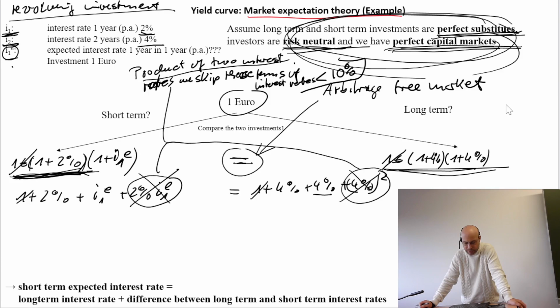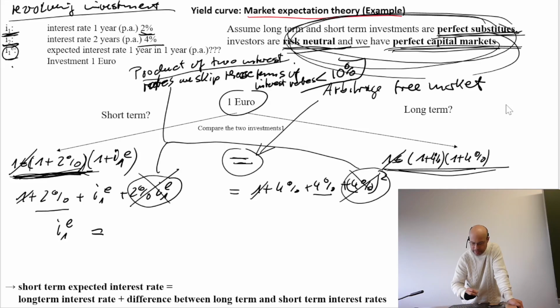We skip these two terms, and now we have a really fine thing for economists, because now we subtract these 2% on both sides, so this vanishes on the left side, and then we have 1I1E equals, and let me write it like this, 4% plus 4% minus 2%.